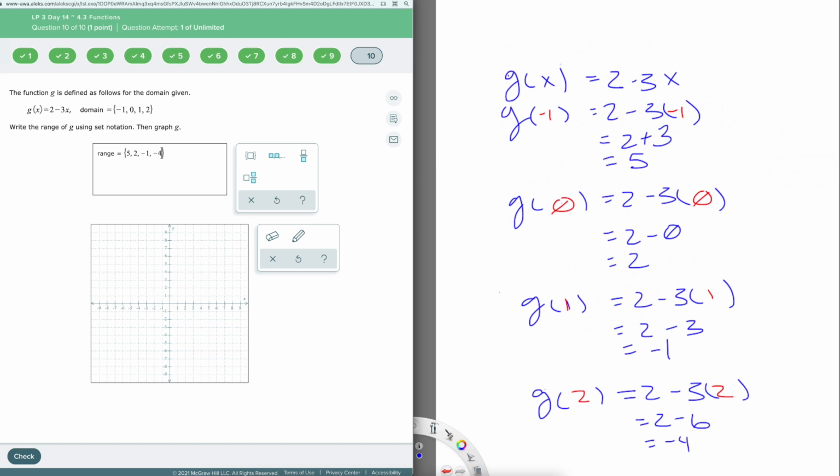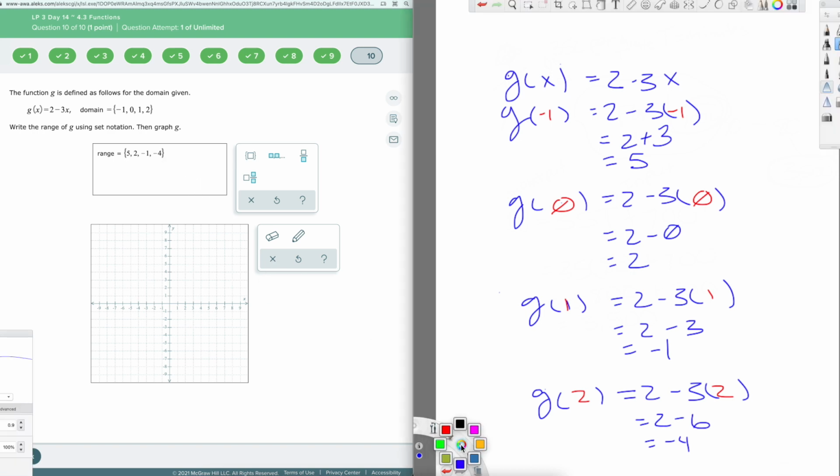All right, now I can go through and I can start graphing these. And so we want to remember that when we graph these, we have coordinates. I'll put them in coordinates just like they did on the notes here. So I had 5 for my output, 2 for my output, -1, -4, and then my input for this one is -1, 0, 1, and 2.